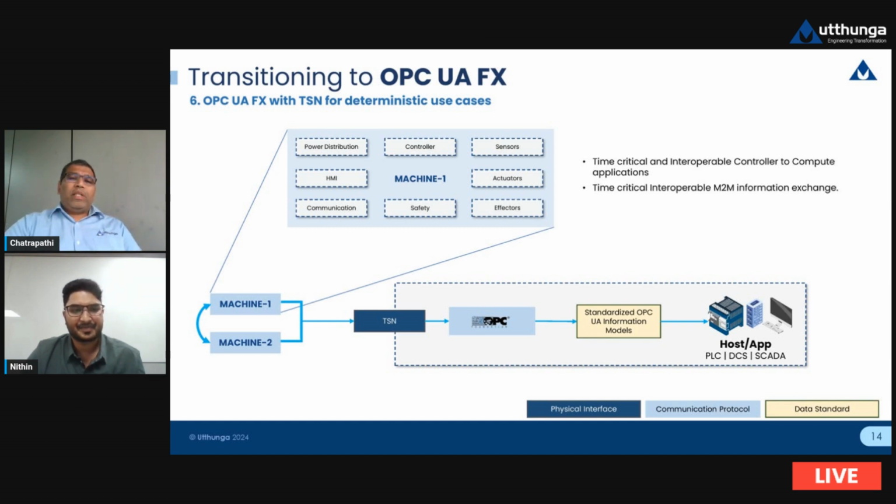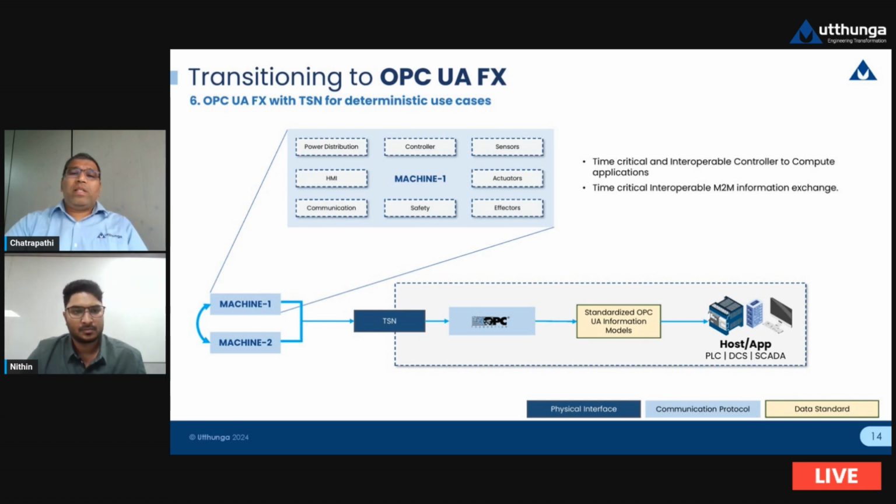Even from the foundation and technology standpoint of OPC FX, it is very clear that this will happen gradually, phase by phase.